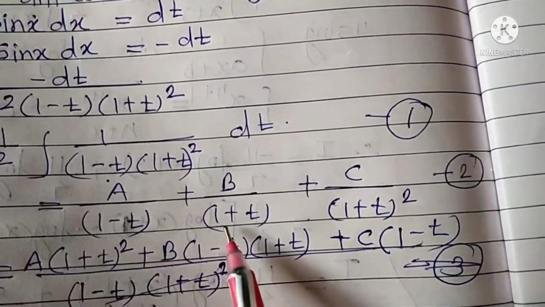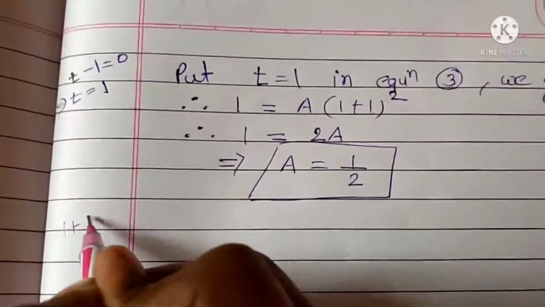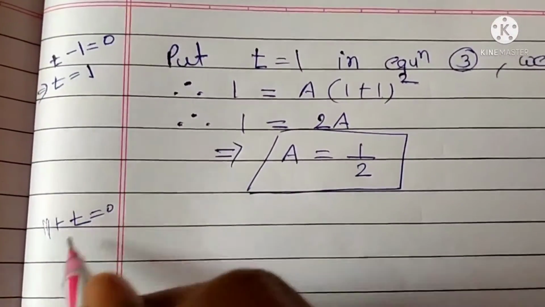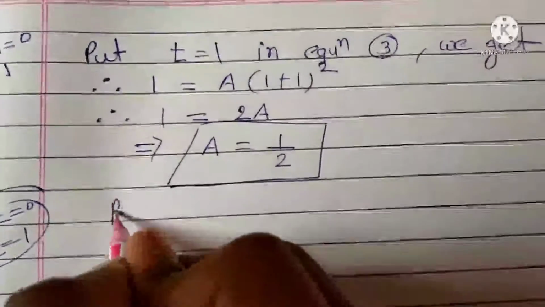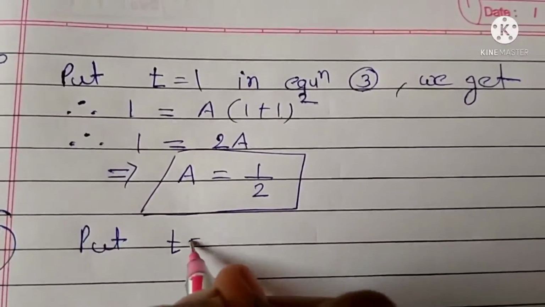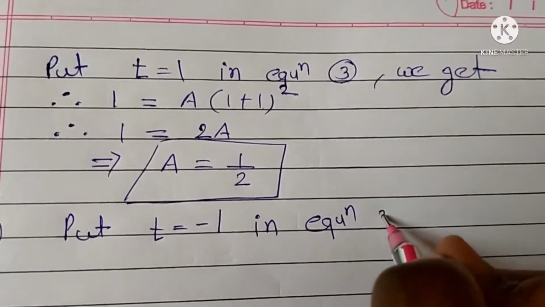Now from the second step, b is 1 plus t. So here we put 1 + t = 0, which implies that t = −1. Put t = −1 in equation 3.